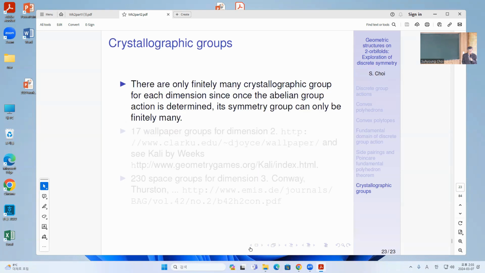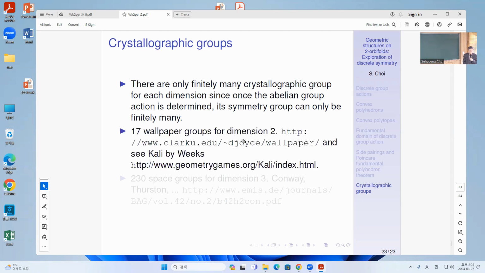But there are only finitely many crystallographic groups in each dimension, since you have to extend the abelian group by some finite group, and this symmetry group can only be finite because you have to respect these lattices. So for example, in dimension 2, there are only 17 wallpaper groups.